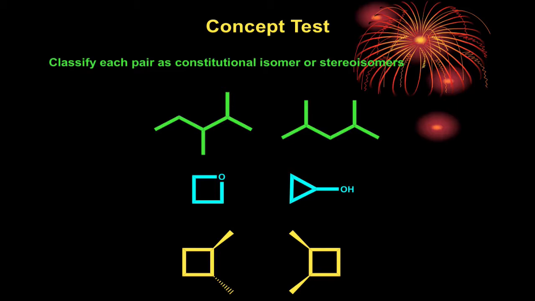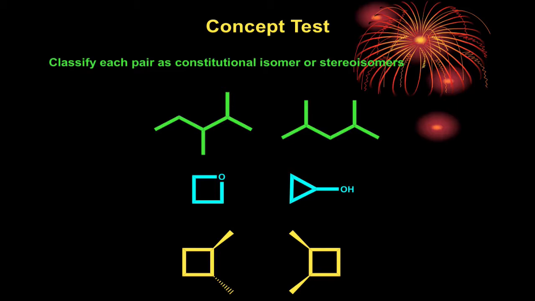are connected differently. If I was to name the one on the left, how would I name it? What's the parent? It's a pentane, right? And so what would it be? 2,3-dimethylpentane. 1, 2, 3, 4, 5. 2,3-dimethylpentane. What about this one?